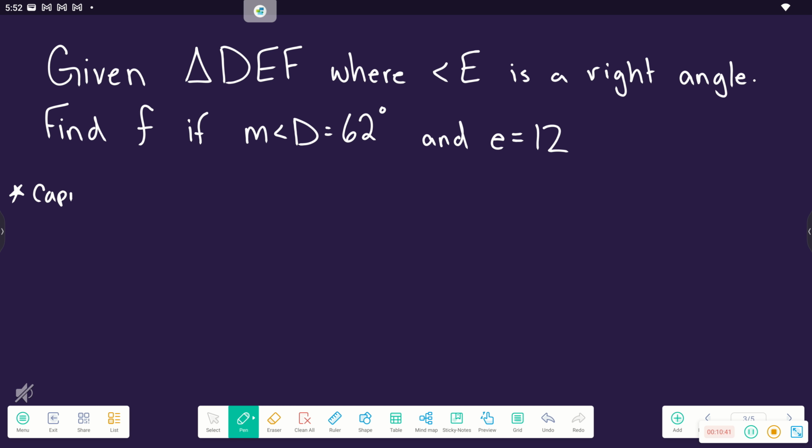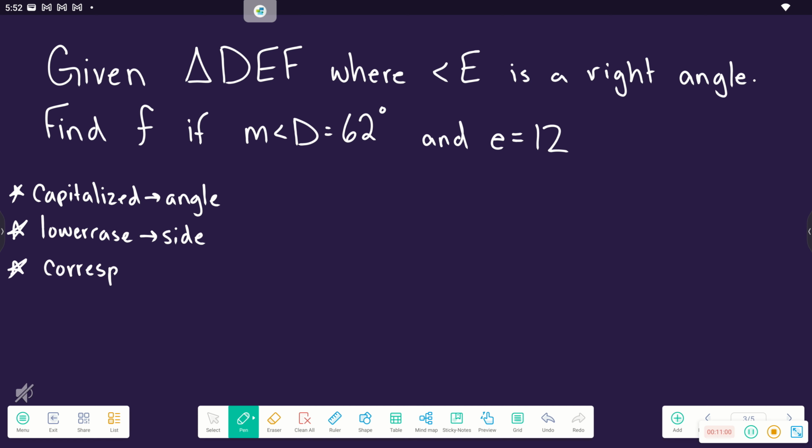If it is capitalized, it's an angle. If it's lowercase, it's a side. And corresponding letters are always opposite.